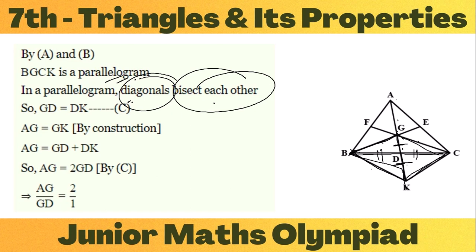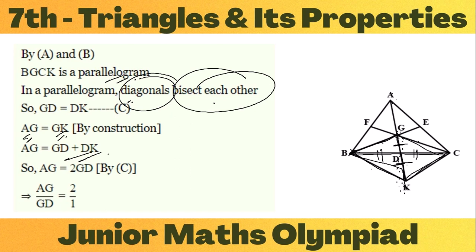But this AG part is equal to GK. This GK can be written as GD plus DK. But these two parts are equal, GD and DK both are equal.